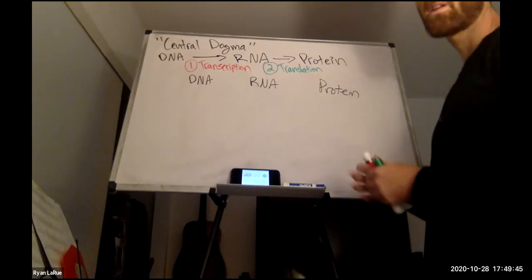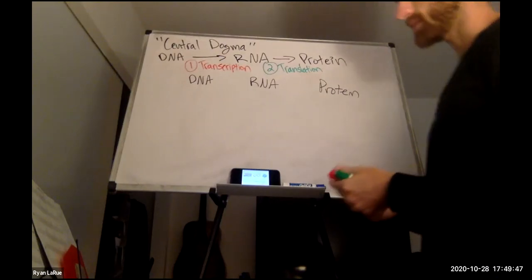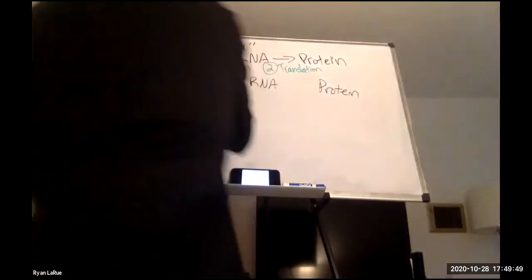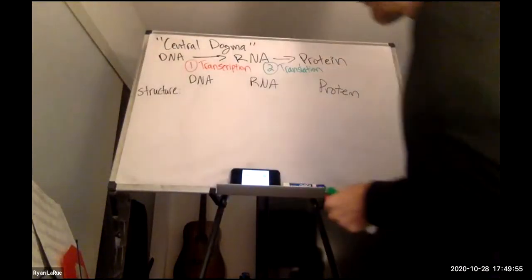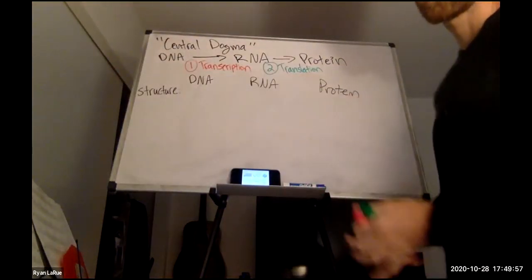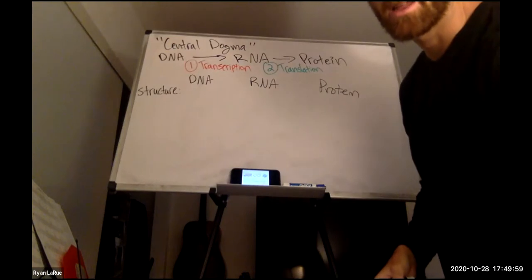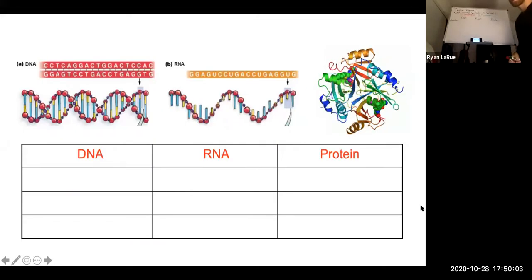We're going to detail out their characteristics here. The first thing we're going to look at is their structure. What are they? What are they made of? So it's sort of a chart. If you look at the slide, this is what we're going to be filling in.